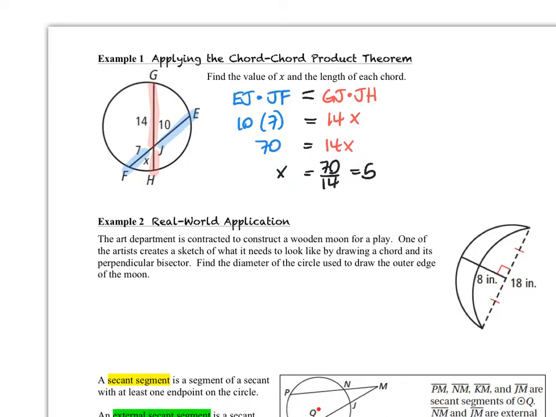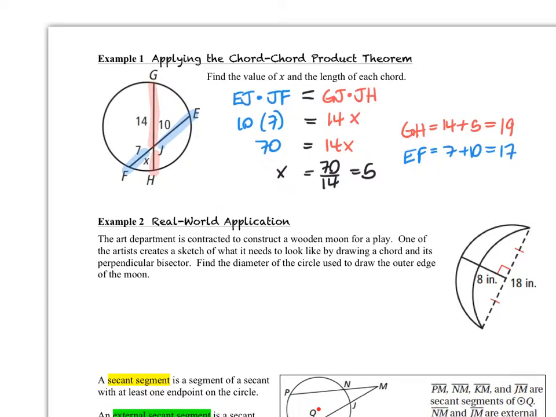Now, the length of each of the chords, the one in red, of course, is 14 plus x, so GH is 14 plus x, which is 5, or 19. And then the other chord, which is FE, or EF, is equal to 7 plus 10, which is 17.